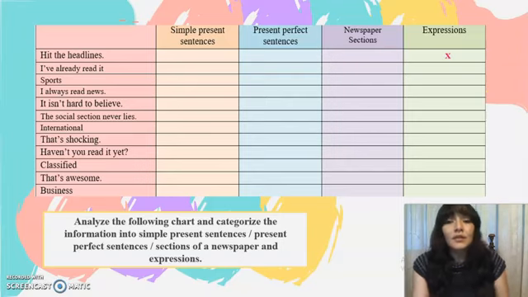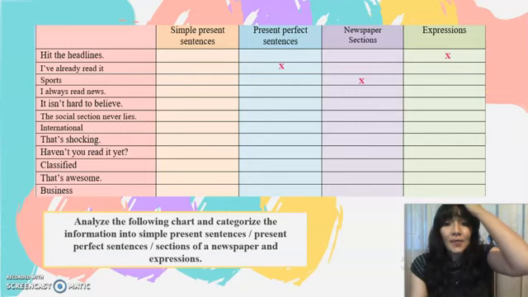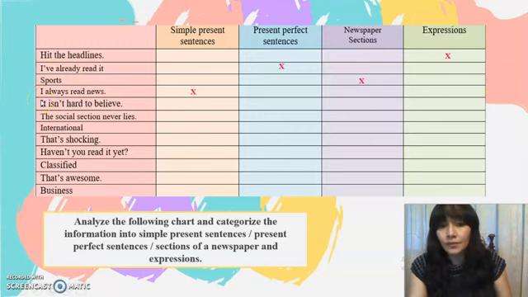So let's do another one. I've already read it. This corresponds to present perfect sentences. Sports. It's a newspaper section. I always read the news. This is a simple present. Also we have the word always, the adverb of frequency.